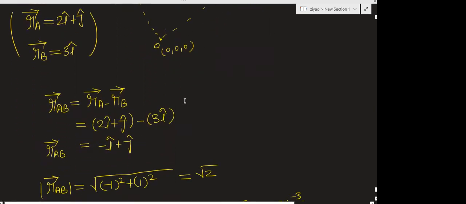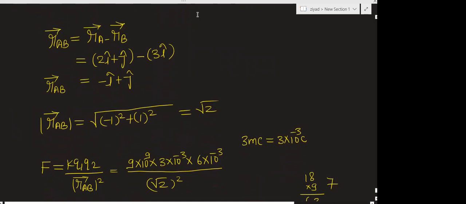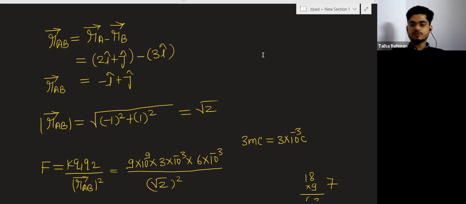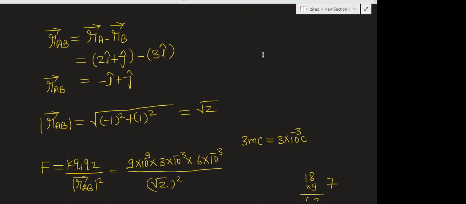If you want to calculate with the help of a formula, you can simply apply the formula of FBA, and you can write the position vector of A instead of RA and the position vector of B instead of RB. You will get the same answer.